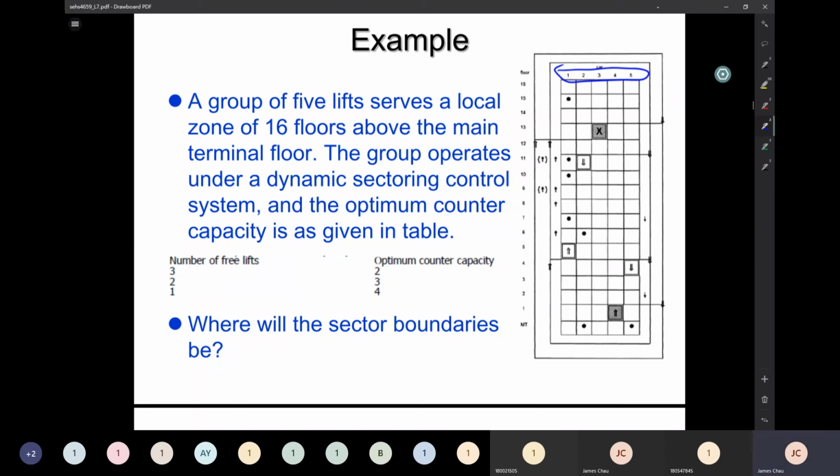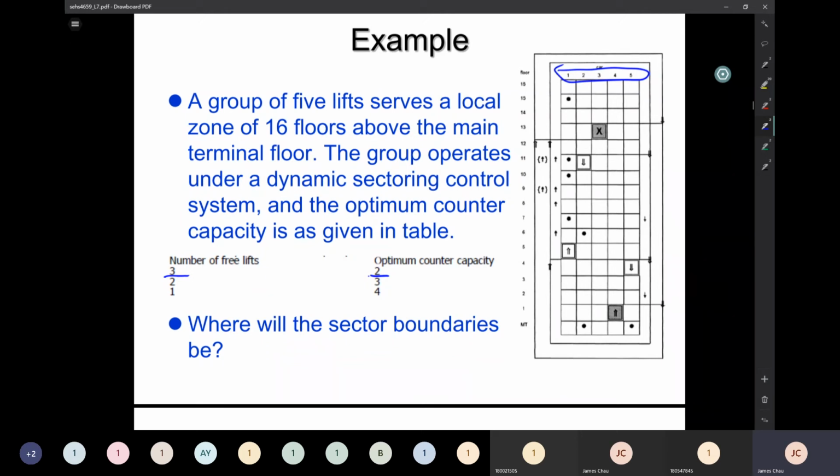Now we count the number of free lifts. If we have free lifts, the optimal counter capacity is 2 only. So when we have a call above 2, we consider it heavy duty, so that a free lift is assigned to the heavy duty call.